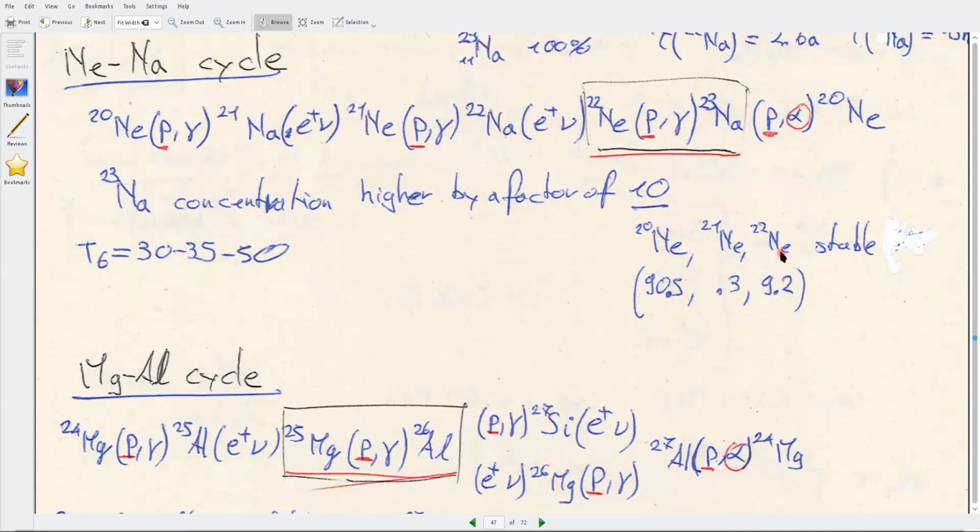Not really stable, but usually working at 30, 50 million degrees, essentially where the CN-CNO cycle is working, that consumes oxygen. So a star doing this cycle usually has an enhancement of sodium and depletion of oxygen.